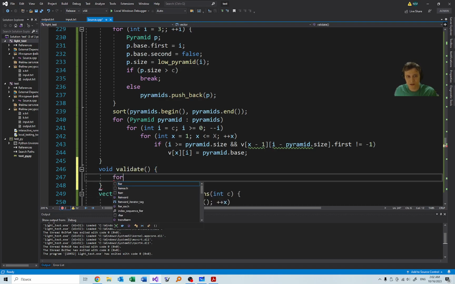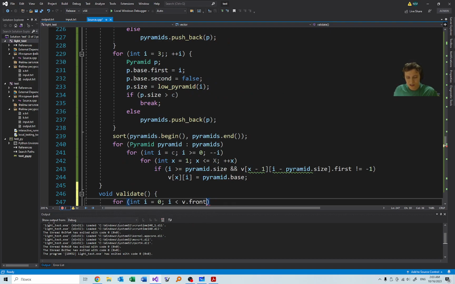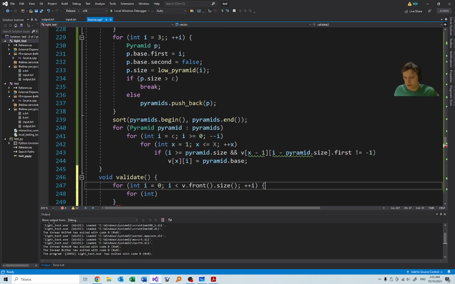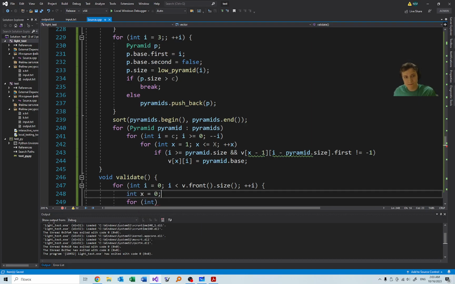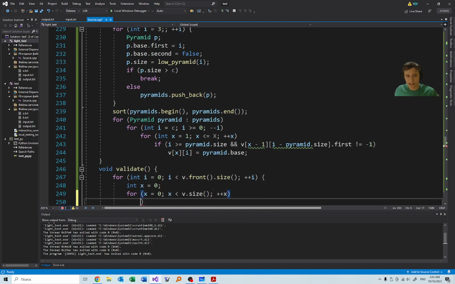So let's go through all numbers from 0 to v dot front dot size, which is just c+1. And then we go through axis. And if the answer is possible, so if vxi dot first is not -1, then break.